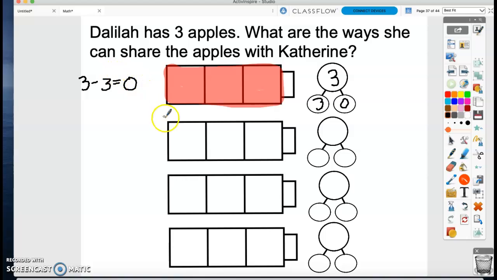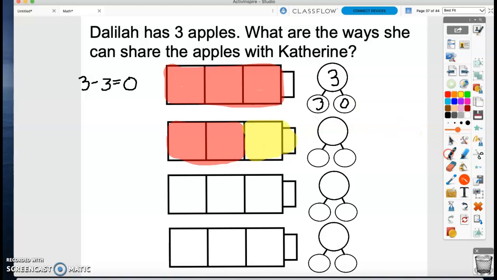Another way that she can share them is that Delilah can have 2 apples and she can give Catherine 1 of those apples.